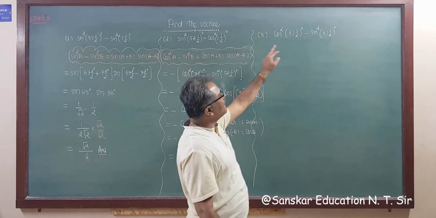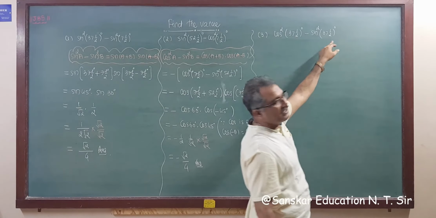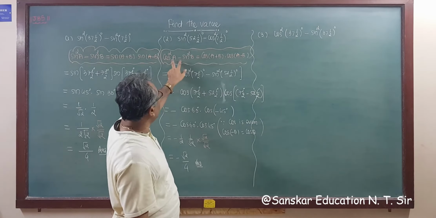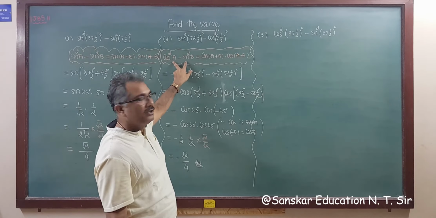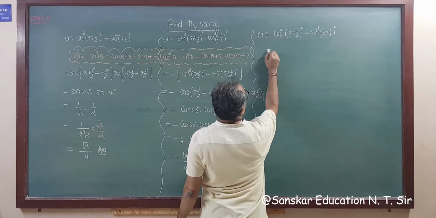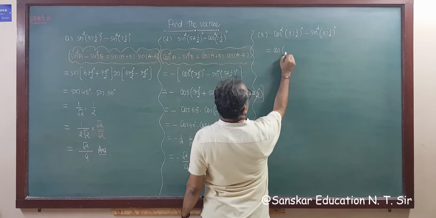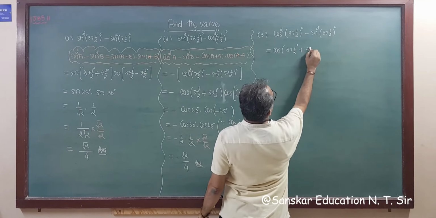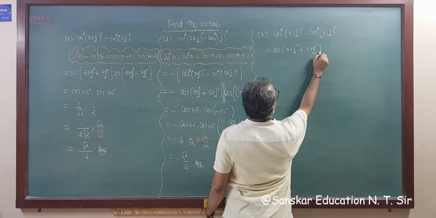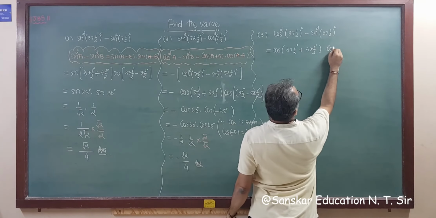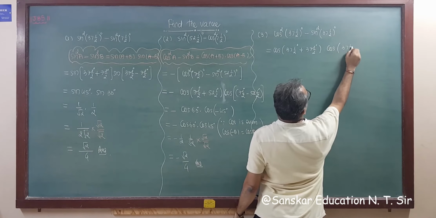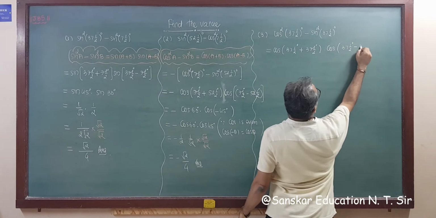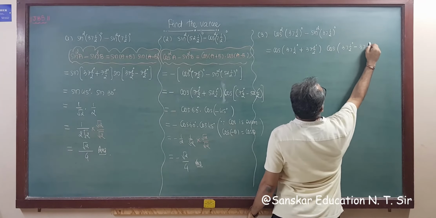cos square 37.5 degree minus sin square 37.5 degree. Same formula, cos square A minus sin square B. So applying this formula, we get cos(37.5 degree plus 37.5 degree) into cos(37.5 degree minus 37.5 degree).